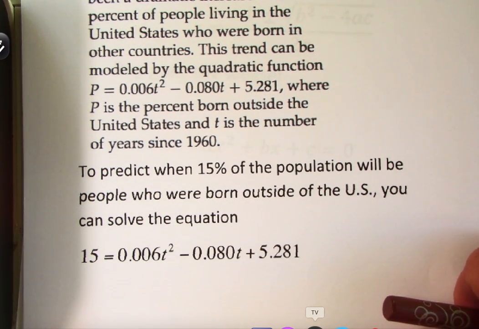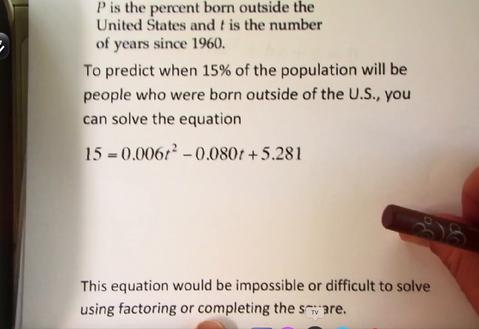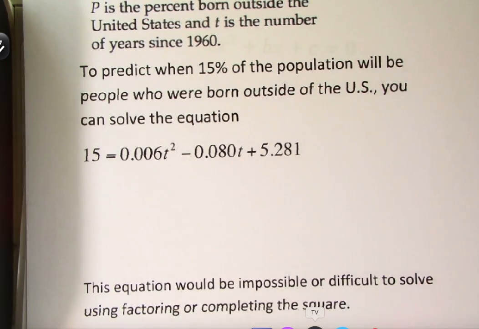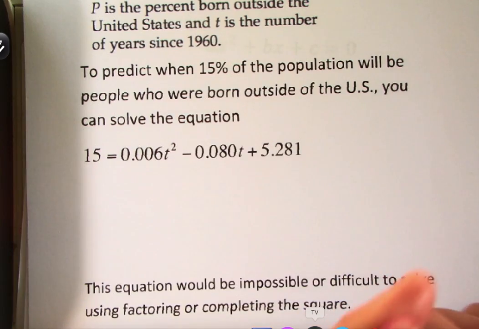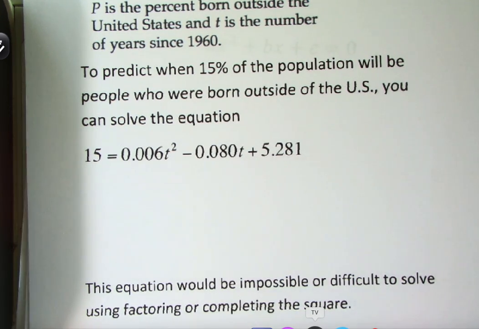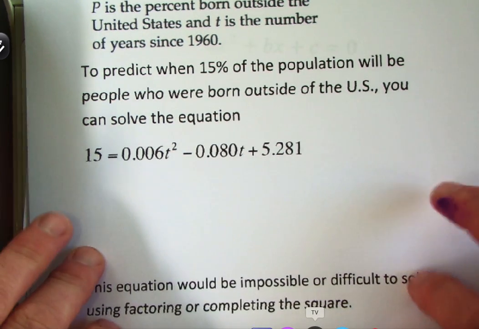To do any of those, it would be pretty tough or impossible to solve using factoring or completing the square, say, because of the numbers, right? Decimals and things like that. And we've talked about how physics uses quadratic formulas, like gravity, so these complicated formulas, for space flight or other physics problems that involve the world and science, would be really hard to solve using factoring and completing the square.